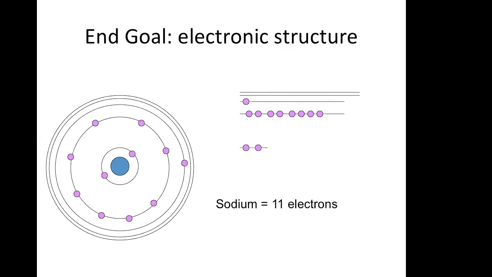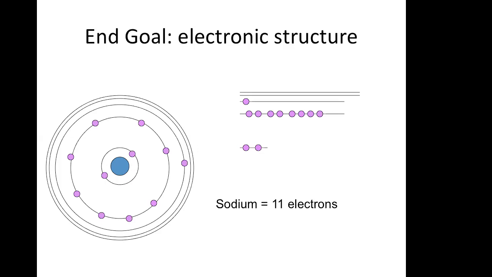So hydrogen has 1 outside electron, lithium has 1 outside electron, sodium has 1 outside electron. And those outside electrons are called the valence electrons. So what happens for an atom is that only the outside electrons can react with other chemicals. The inside ones are just sort of stuck in place and they don't really do anything.